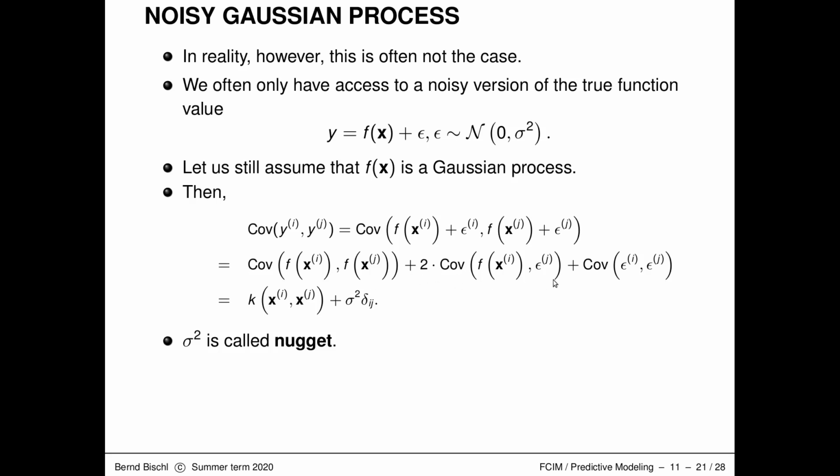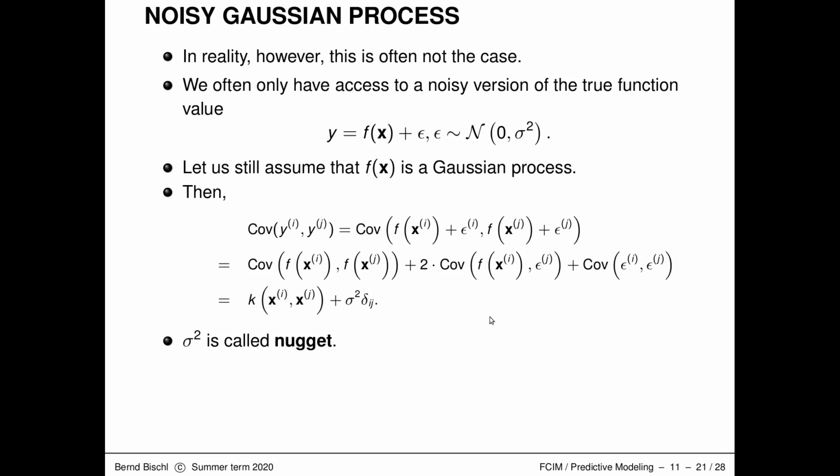The cross term becomes 0, because we can usually assume that the error term epsilon is uncorrelated with everything else. We also assume that these error terms are IID, which means the covariance between epsilon i and epsilon j will only be nonzero if and only if i and j are the same. If you're talking about the variance of epsilon i, so to speak, but if epsilon i and epsilon j are different error terms, they will be independent and therefore uncorrelated, and this becomes 0 too.